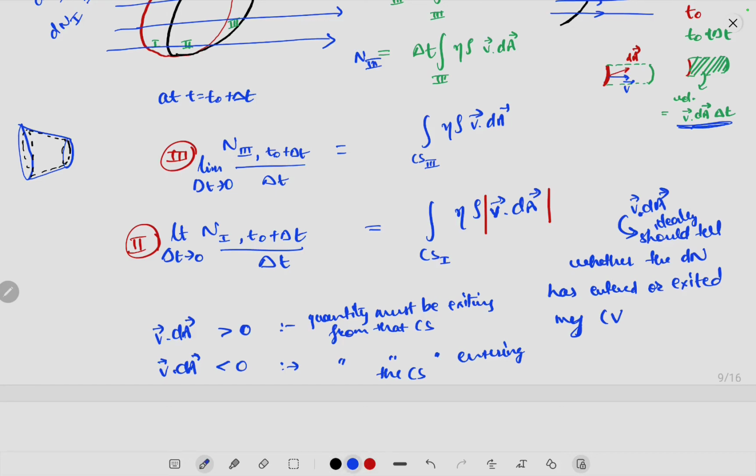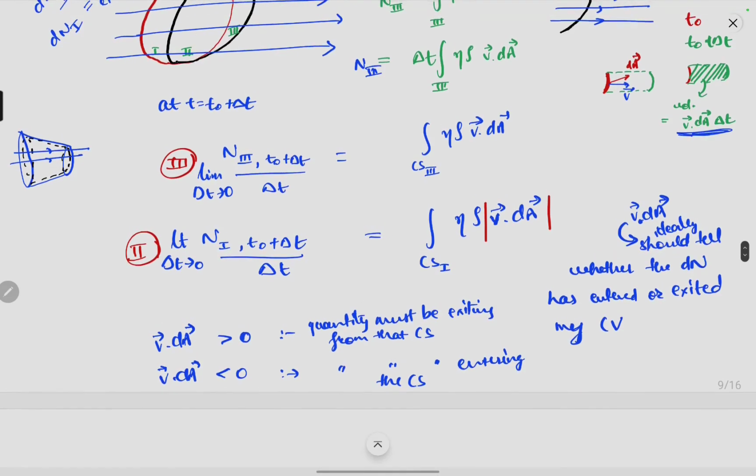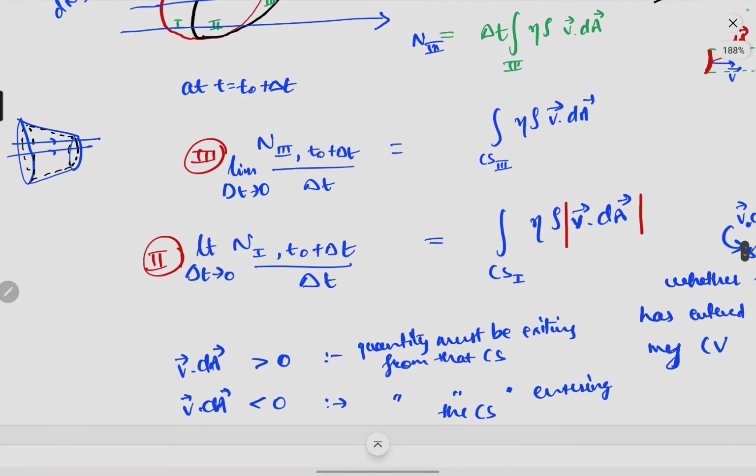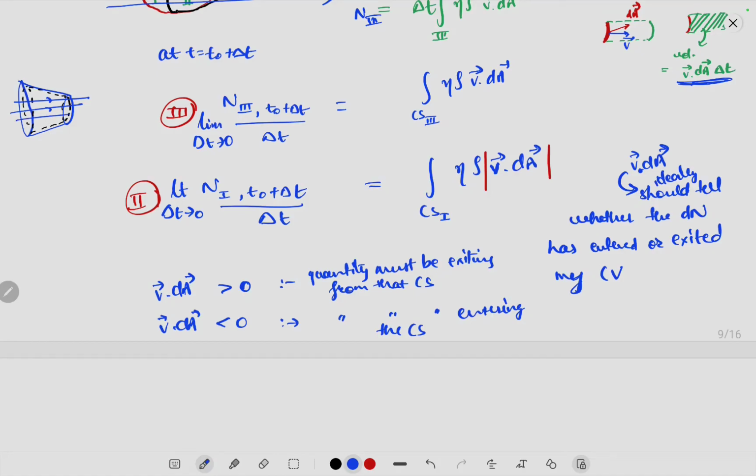And let's say the fluid is actually flowing like this inside this pipe. Now I know beforehand that on this surface the fluid is entering, and on this surface fluid is exiting.